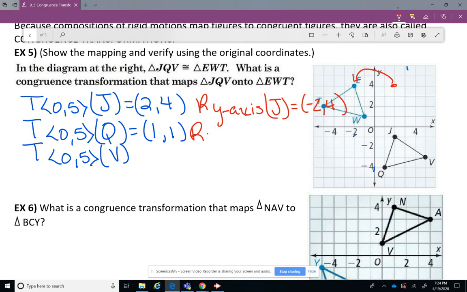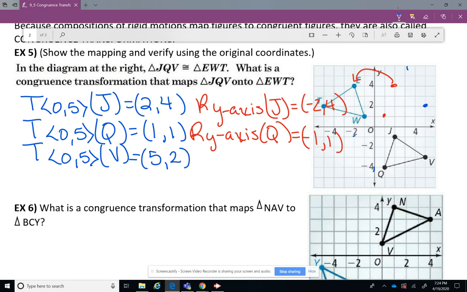All right, when we reflect over the y-axis, point Q, we're going to get -1, 1. Okay, and I never did put this one, did I? For V, it was 5, 2.